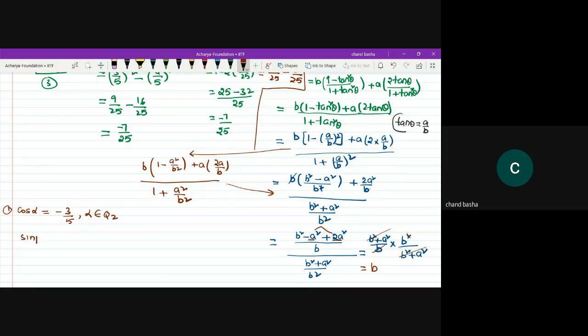Sin beta is given as 7 divided by 25, and beta belongs to quadrant number 1. Then find sin of alpha plus beta and tan of alpha plus beta.